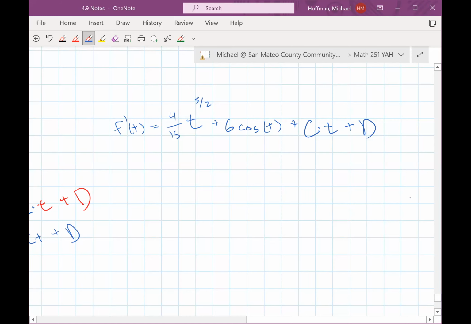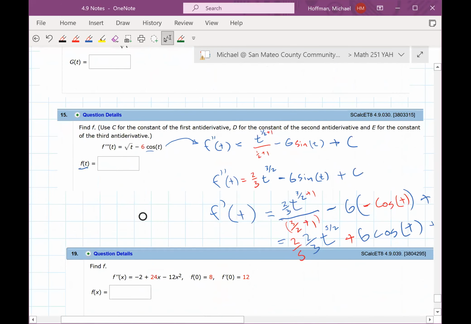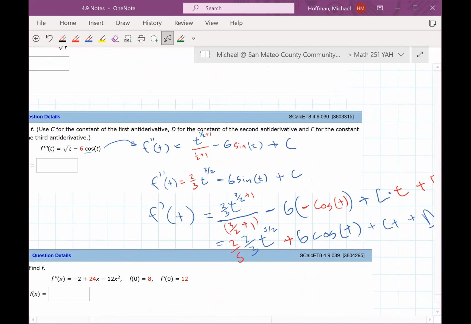Wow, we went from the third derivative of a function, f triple prime, and we've applied the inverse power rule twice to this first term here. We've been using the trig antiderivatives. We used that twice, and we also needed to add a constant each time we took the antiderivative.